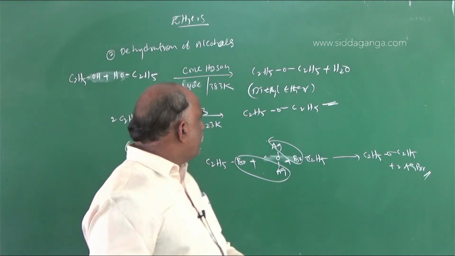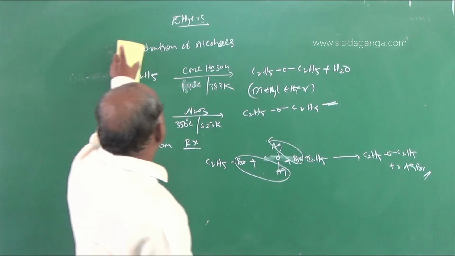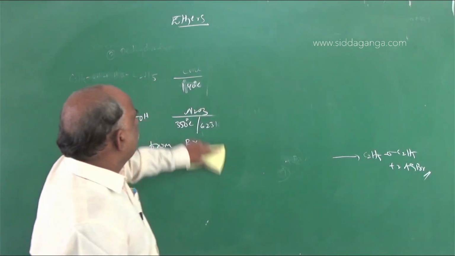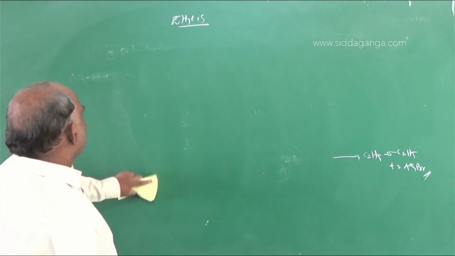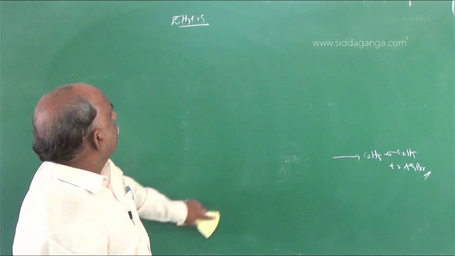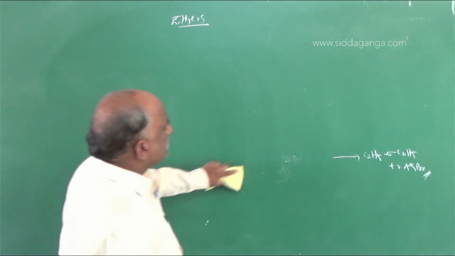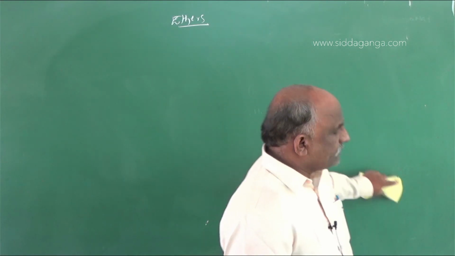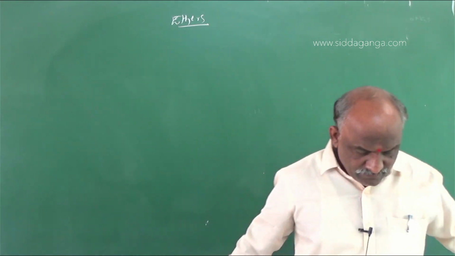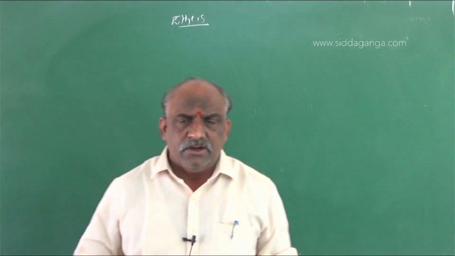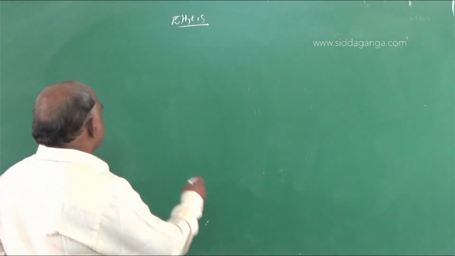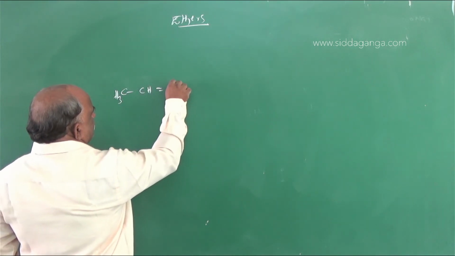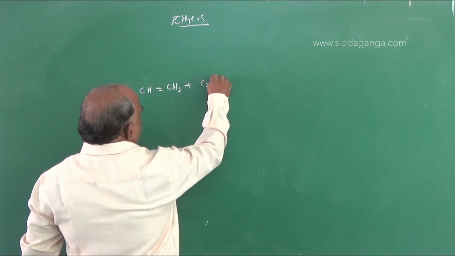And there are some more reactions regarding ethers. According to our NCERT, this much only, I think. From alcohols, Williamson synthesis, and silver oxide were given. Suppose we go with an alkene. We take one alkene: CH3-CH=CH2 plus C2H5OH.